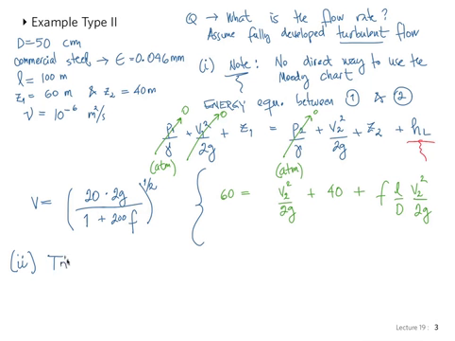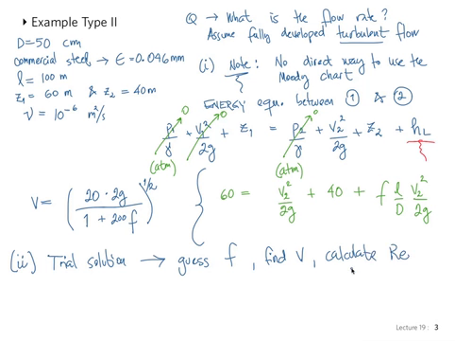So we do a trial solution by guessing f, then find V, calculate Reynolds, and then we can go on the Moody chart. Anybody remember what we got?